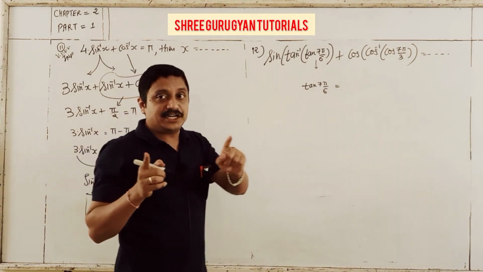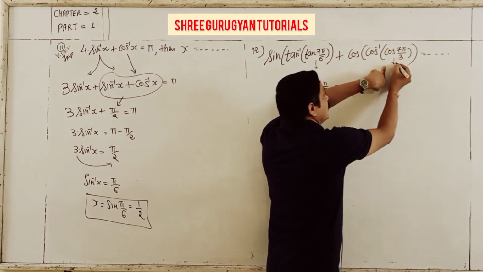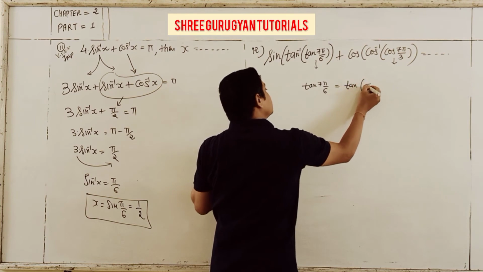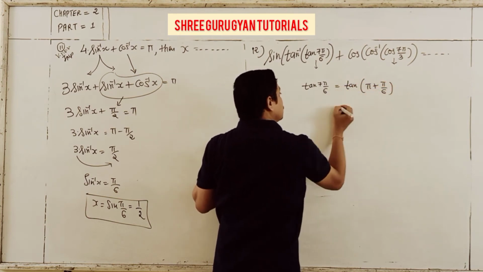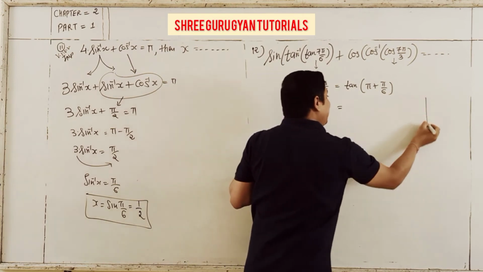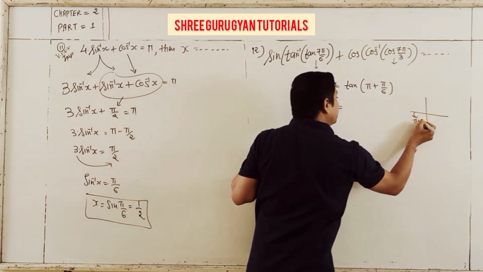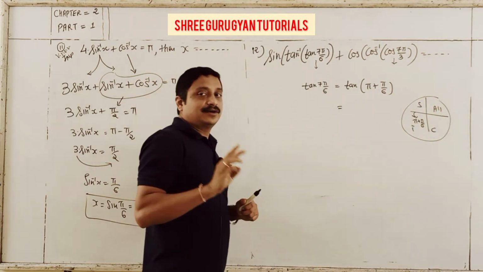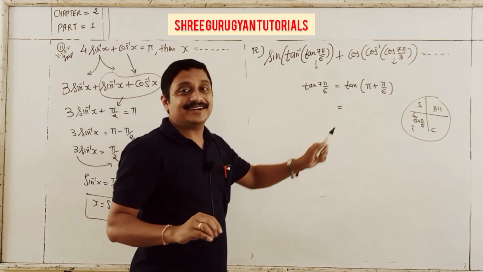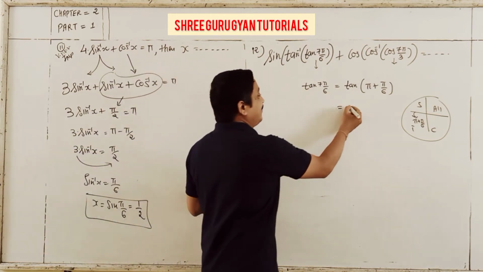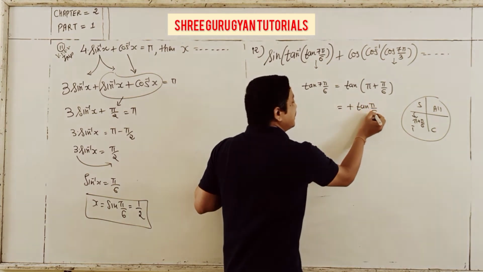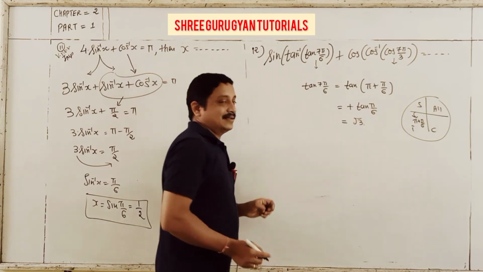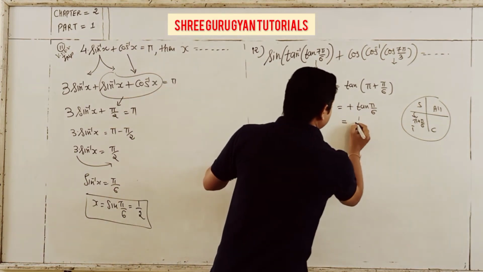Always start from the internal part. The 6 table nearest to 7 gives pi plus pi by 6, and pi plus means the third quadrant, all STC, and in the third quadrant the tan function is positive. So tan pi by 6, and tan 30 is 1 by root 3, not root 3 by mistake.